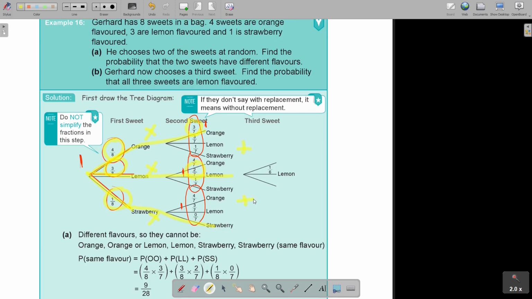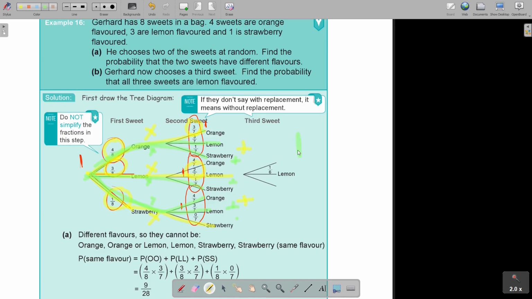Now, different flavors are the ones that are left. It's not the yellow ones. It's actually this one, this one, this one, this one, this one. That's the different flavors. You can either multiply the greens and then add all the greens together, or, if you add all the green branches and the yellow branches, you must also get one.